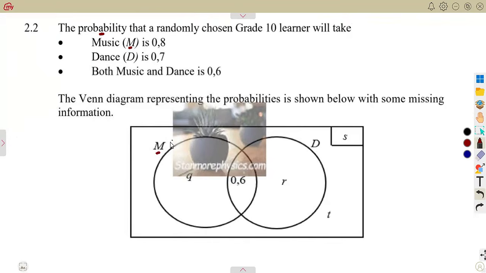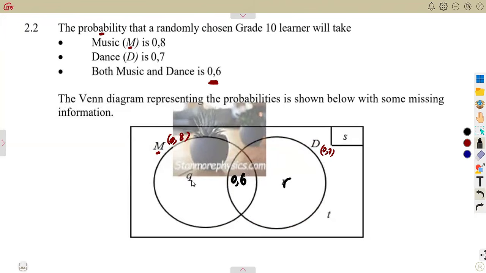This is music, that's 0.8. Dance, which is 0.7. The whole of this is 0.8. Then both music and dance, it's 0.6. These are probabilities. We are given that this is 0.6, both.